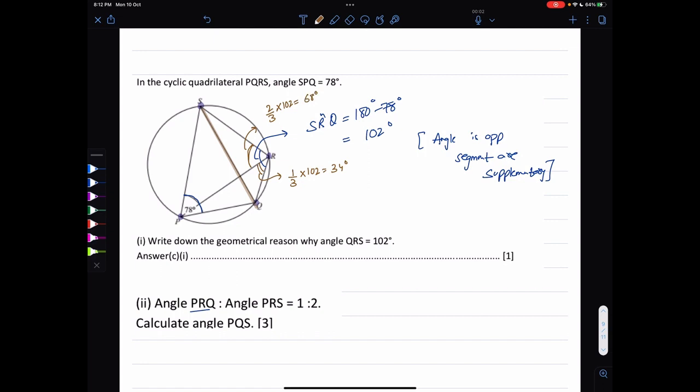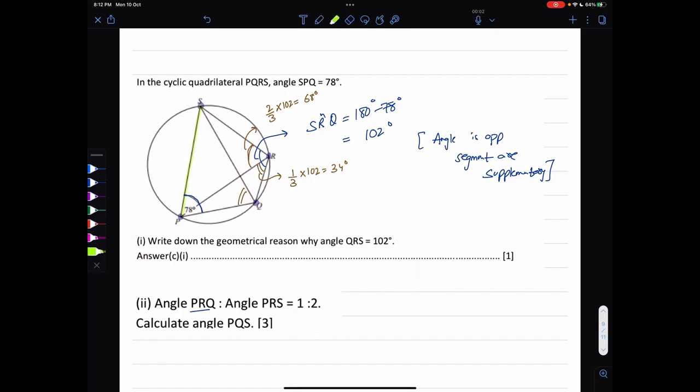Okay, you need to calculate the angle PQS. PQS is this angle. Now try taking PS as your chord. Have a closer look at the diagram.